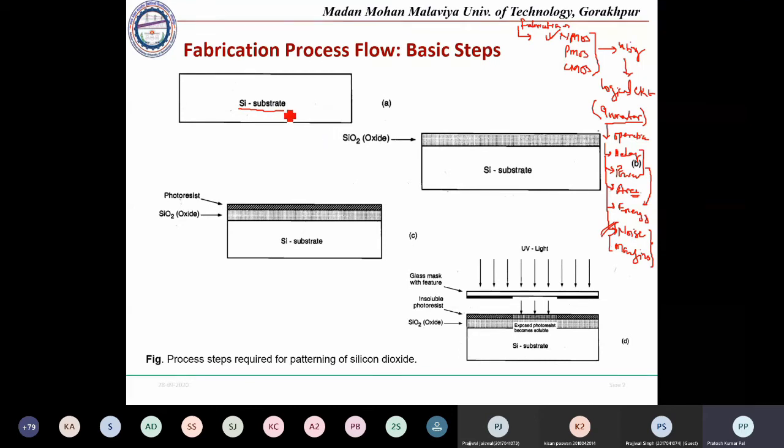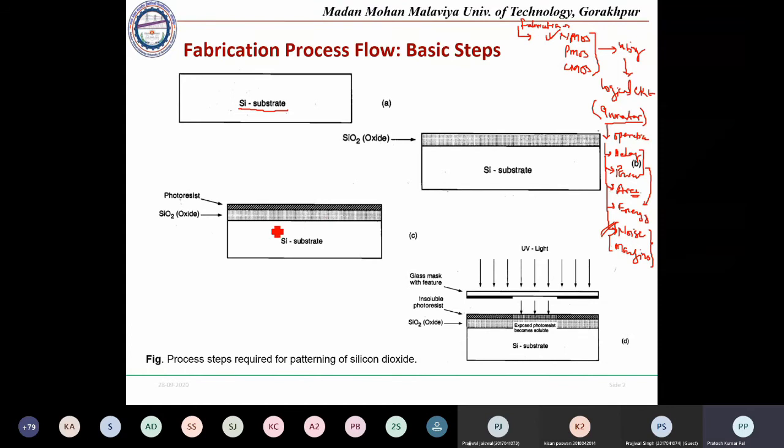Once we have obtained this substrate, we will be depositing a silicon oxide, that is, an SiO2 layer, on the silicon substrate. So the deposition of silicon dioxide will be taking place. This is the first step, and this is the second step.